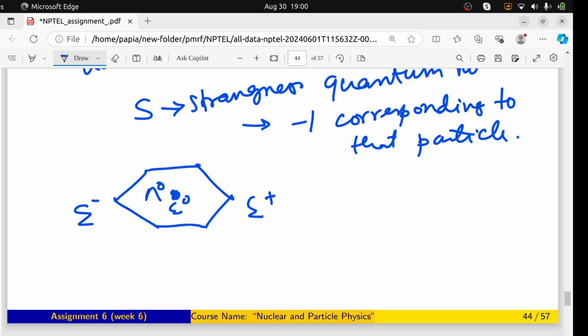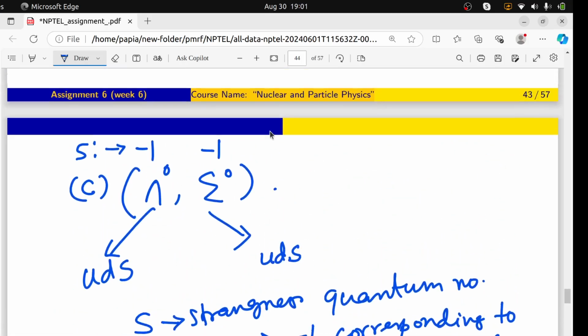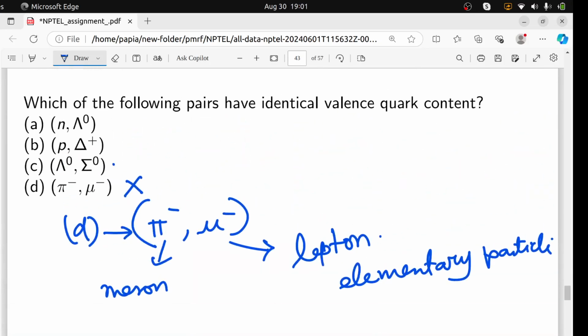There is a symmetry between I3 and Y, and after putting all these particles in that I3 and Y plot, we can have the baryon octet and baryon decaplet. In the baryon octet, this is sigma minus, this is sigma 0, this is sigma plus, and again at the same position lambda 0 is present. So the quark content for sigma 0 and lambda 0 is exactly the same, UDS.